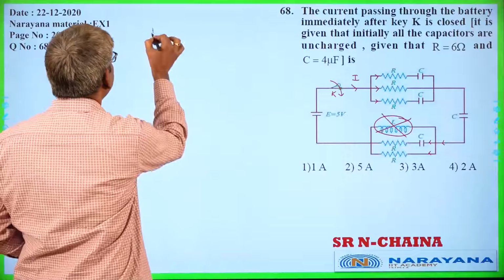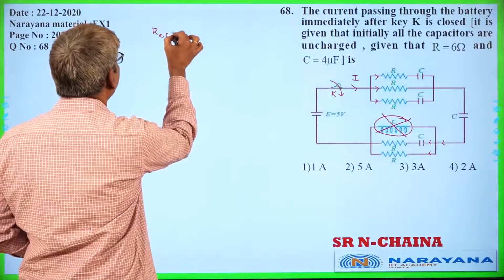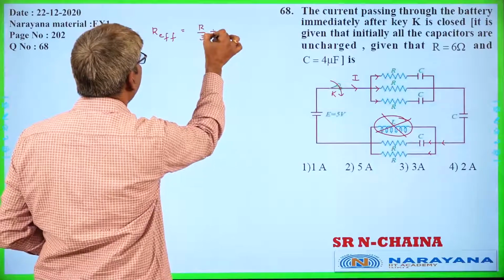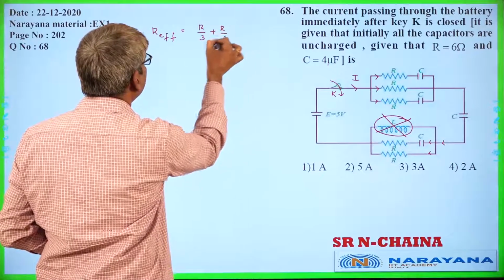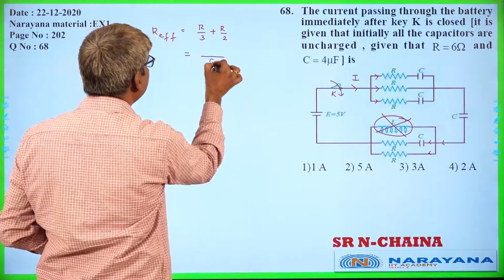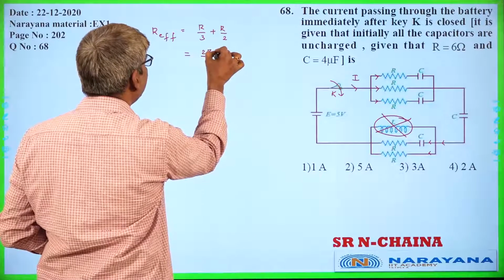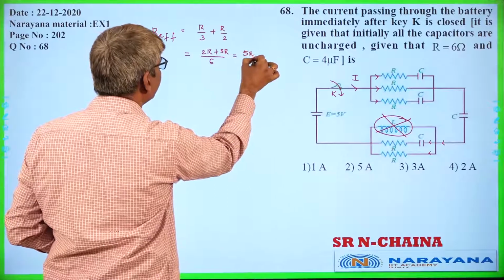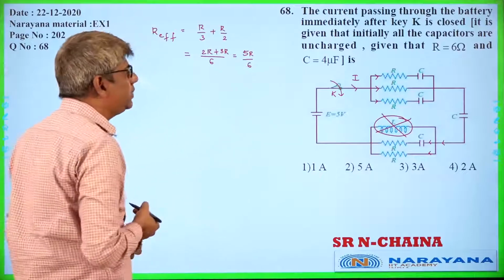So the effective resistance you find first of all is R by 3 plus R by 2. 6 is the LCM, 2R plus 3R, which is equal to 5R by 6, the effective resistance.